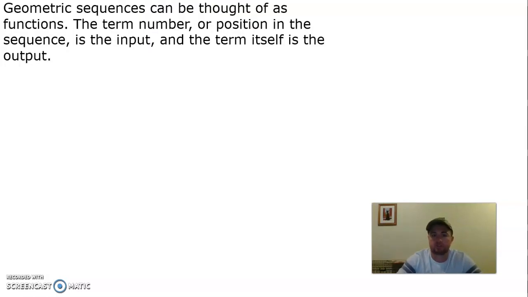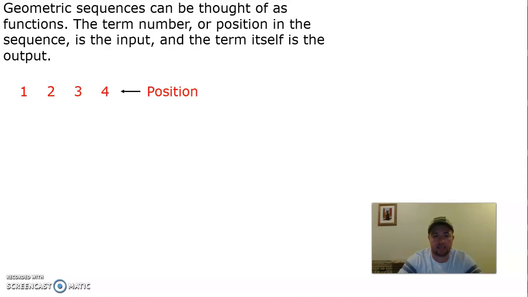So geometric sequences can be thought of as functions. The term number, or position in the sequence, is the input, and then the term itself is the output. And so geometric sequences function very similarly to the way arithmetic sequences function, where you put a number in your input, and you get a number out your output.